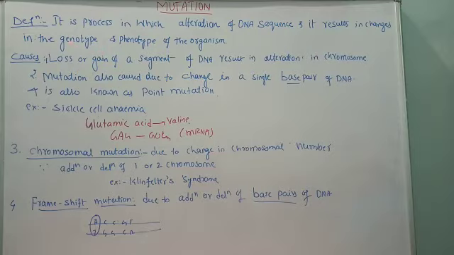Genotype refers to the genetic makeup of an organism, and phenotype means the external features of the organism. Whenever there is a mutation, there is a change in the DNA sequence that results in a change in the characters, and those characters may be genotype or phenotype of any organism. So this is known as mutation.